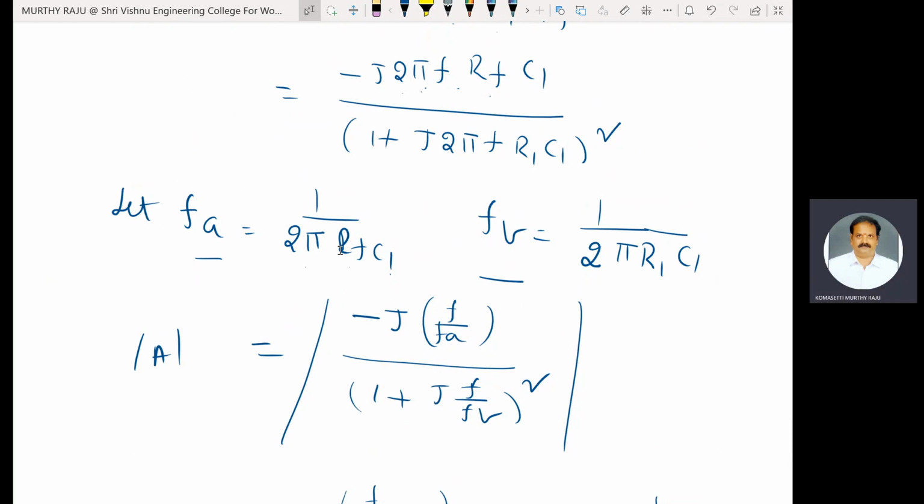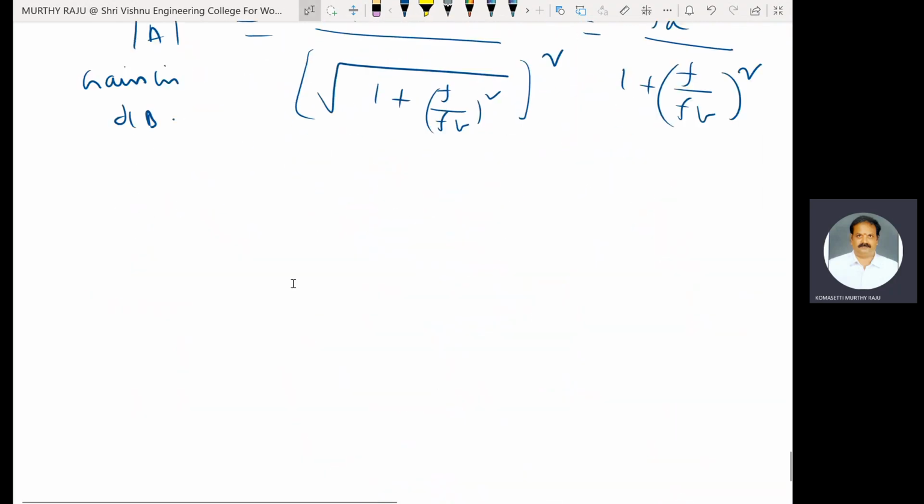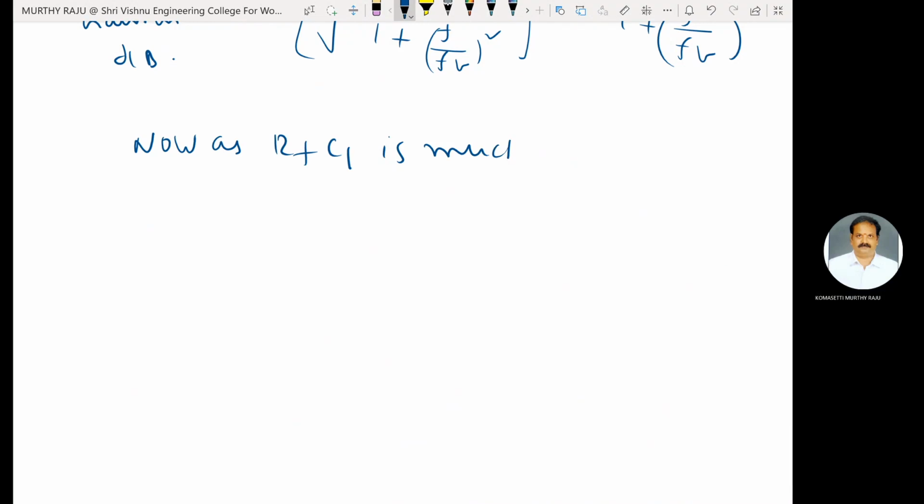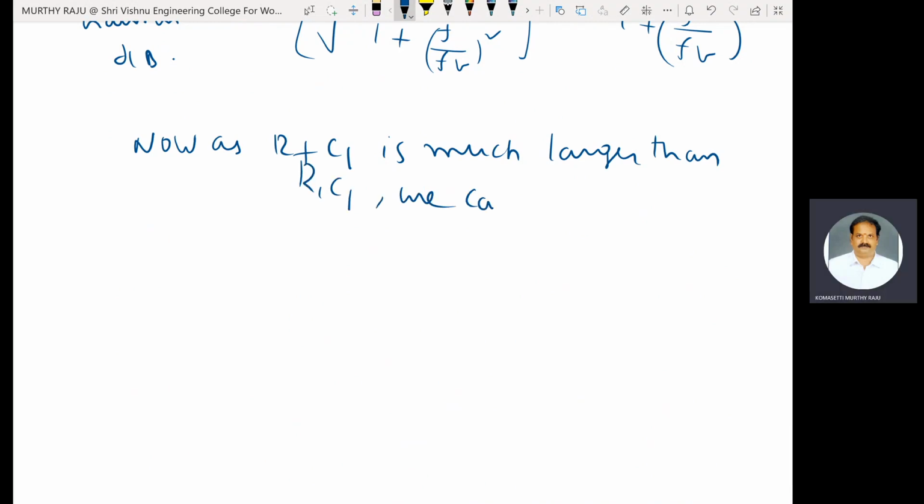Now as RF C1 is in the numerator, RF C1 is much larger than R1 C1. Therefore, we can write FA is less than FB.